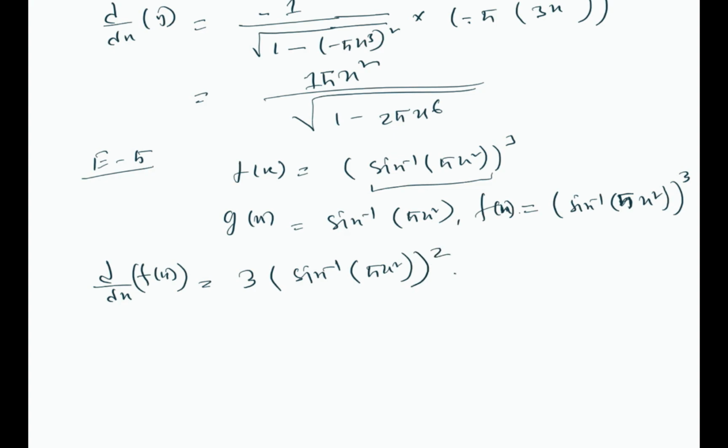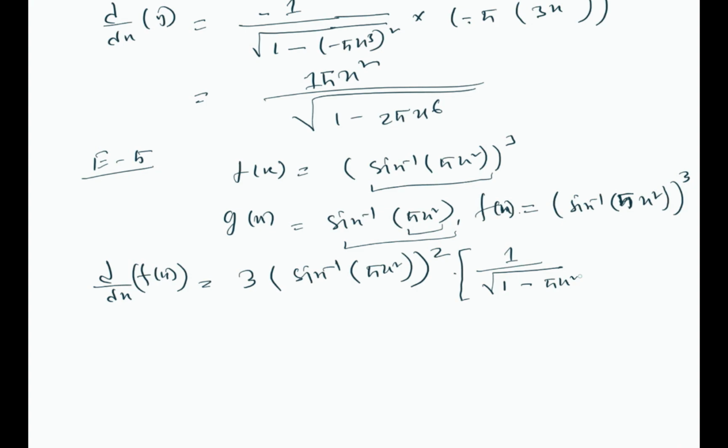Then the derivative of the inside function, which is inverse sine of 5x squared. Here we need to apply the chain rule again. So this is our inner function, this is our outer function. Try to understand. So I can put a bracket here. Here our outer function is inverse sine of 5x squared. So the derivative of inverse sine of x is 1 over the square root of 1 minus x squared.